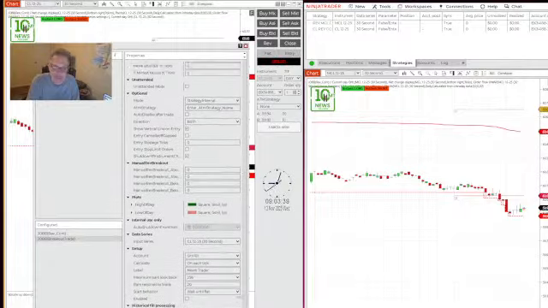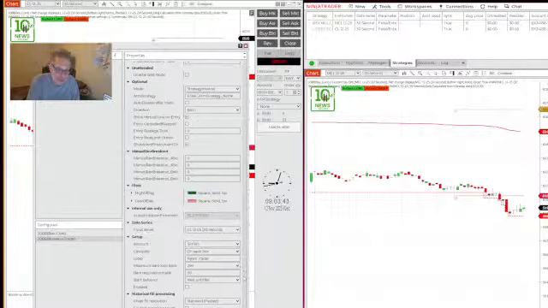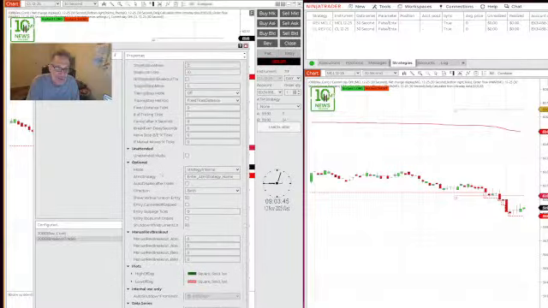The vertical line that appears just seems to get in the way all the time these days. So under optional, show vertical line on entry, I may make that default unchecked. How does everybody feel about that? Does that line bother you as much as it bothers me?